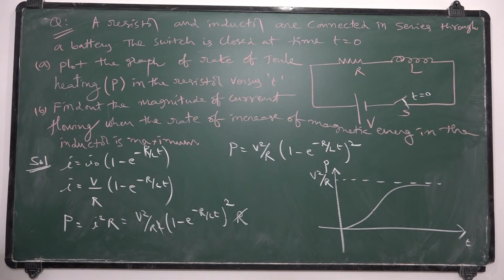The second question: find out the magnitude of current flowing when the rate of increase of magnetic energy in the inductor is maximum. First of all, let me calculate the energy stored in the inductor.